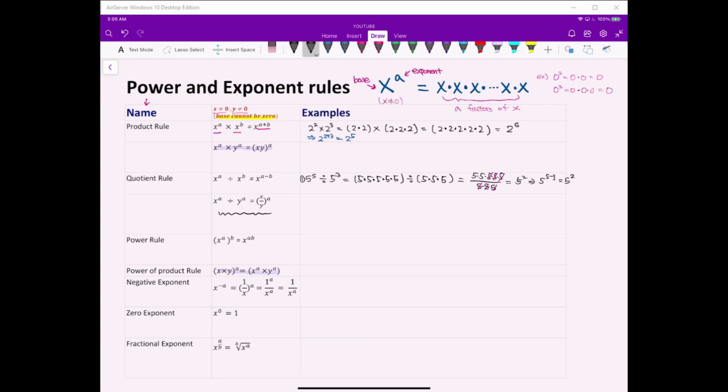For example, 3 squared divided by 2 squared, which equals 3 times 3 over 2 times 2, that is equal to 9 over 4. However, using this rule here, you can calculate the value with simpler steps.